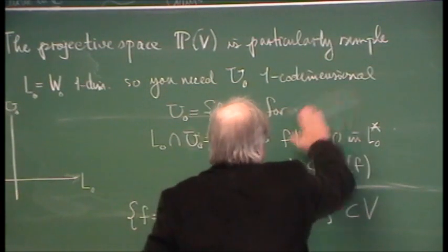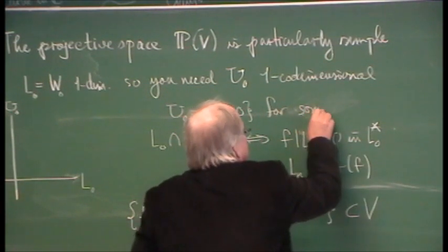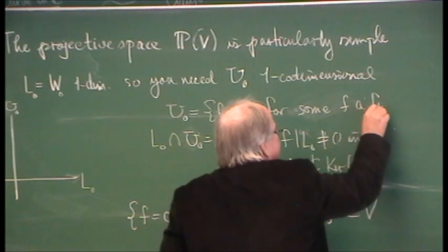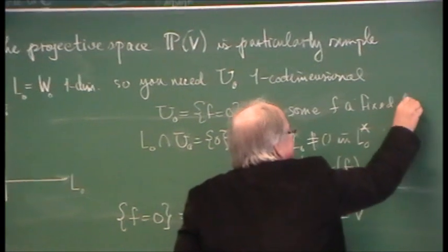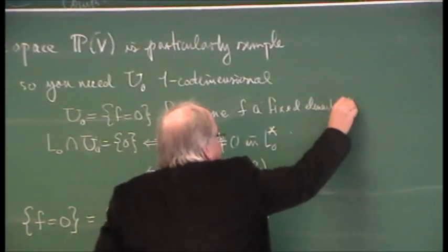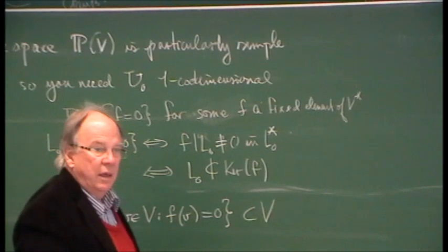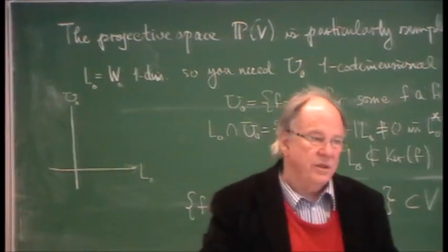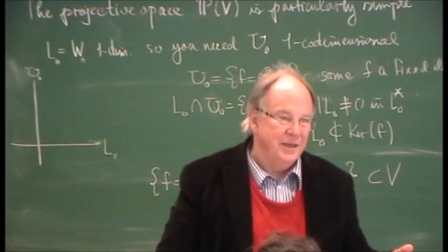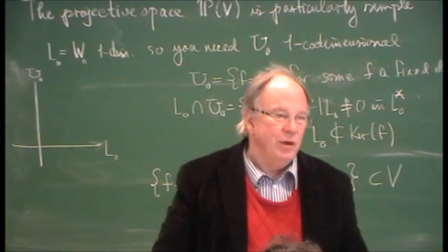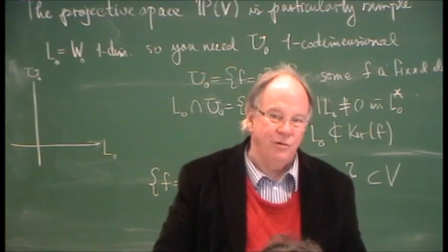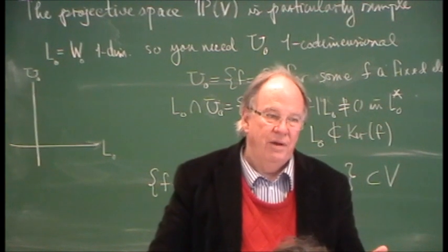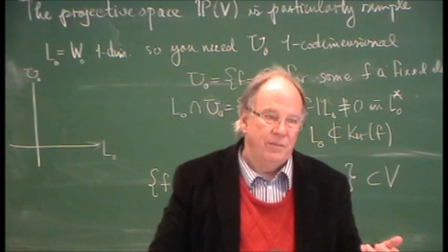So for some fixed f, an element of the dual. So I give you something of codimension 1, and you say I want to define that by a function. And I say, well, we're really lucky in this situation because it's codimension 1. It's defined by a function that's essentially unique, up to a constant multiple.